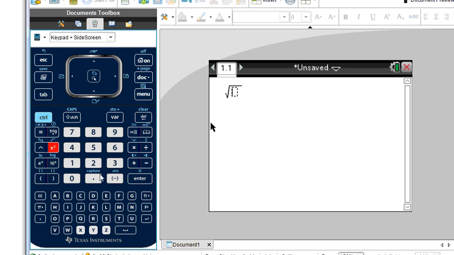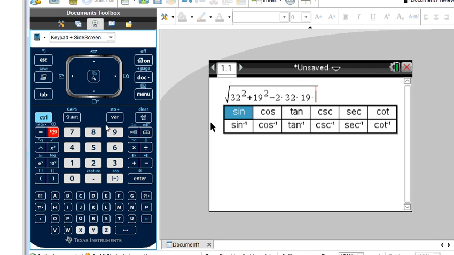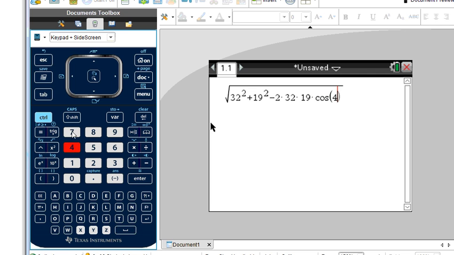32 squared plus 19 squared minus 2 times 32 times 19 times the cosine of 47 degrees.